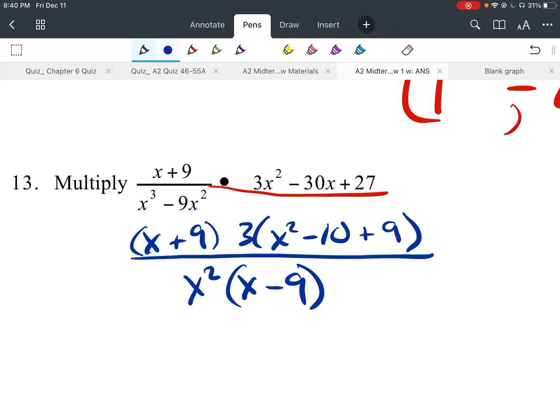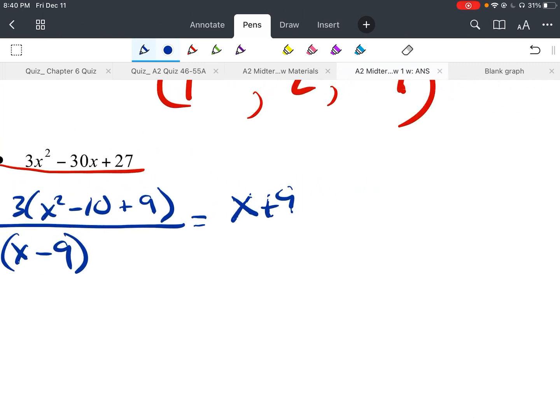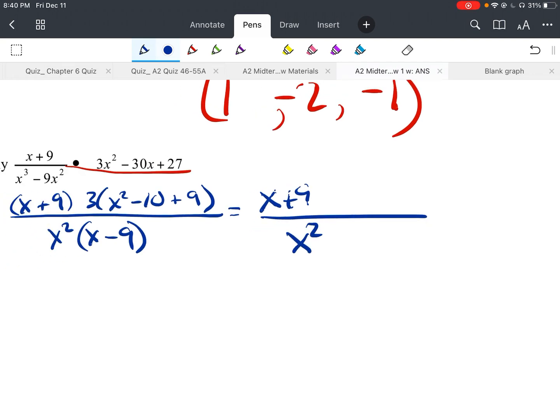All right. Next up, we're going to break down the numerator. So it's going to be x plus 9. This pen is not doing well here. I might need a new one. So x plus 9 over, and then x squared times x minus 9.